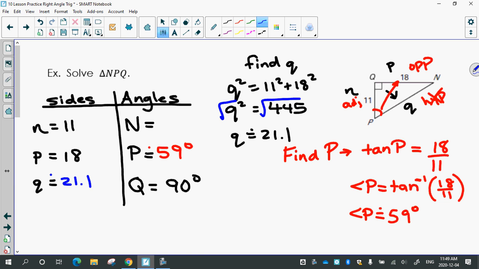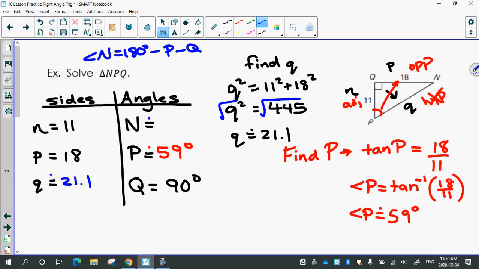And then to get angle N is just 180 minus P minus Q. So you can just do that on your calculator. You don't even have to show this, but it's one of our first questions through, so I'm making sure you understand how to get it. 180 minus 90 minus 59 is 31.